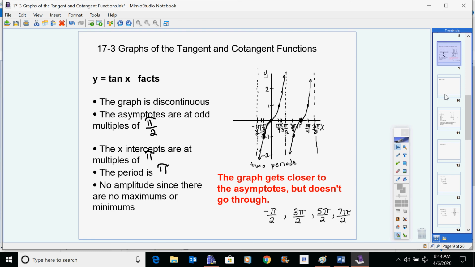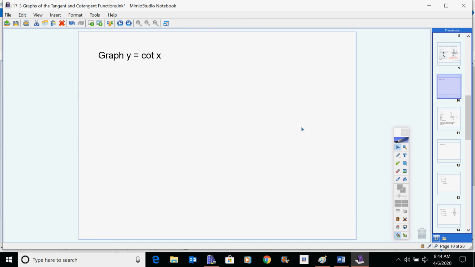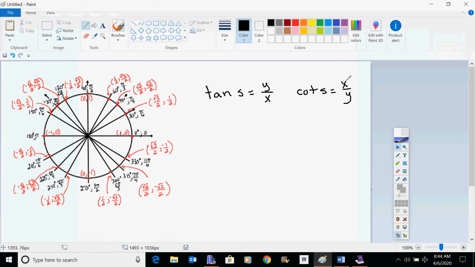Let's consider a cotangent, a regular parent function for a cotangent function. Now for a cotangent, you have x over y. So we consider a cotangent function being very similar to a tangent, because once again it uses those x and y points, but our asymptotes are where y equals 0 rather than where x equals 0.